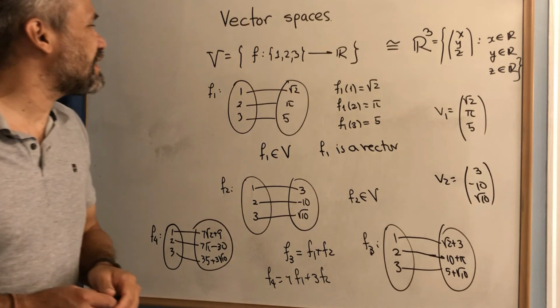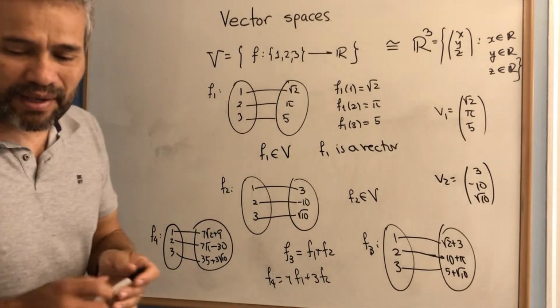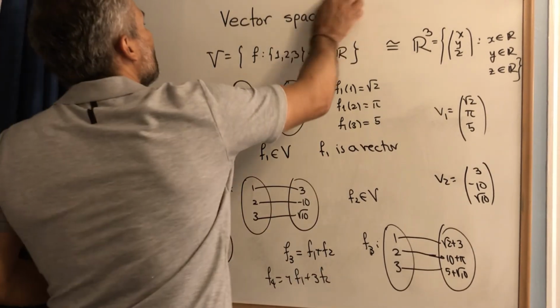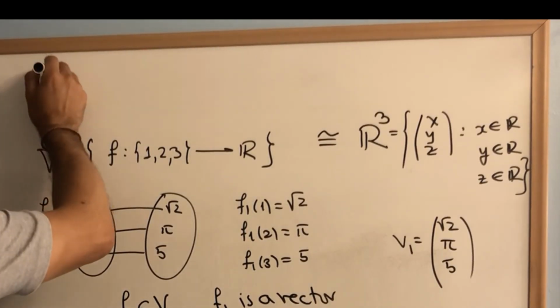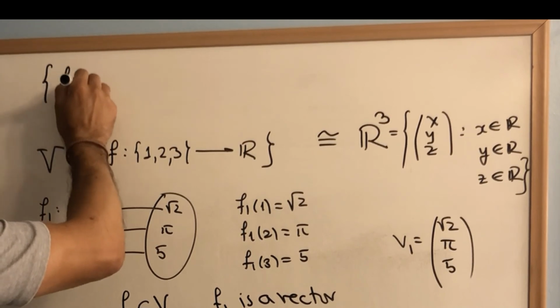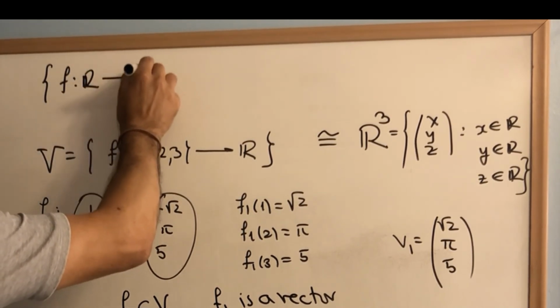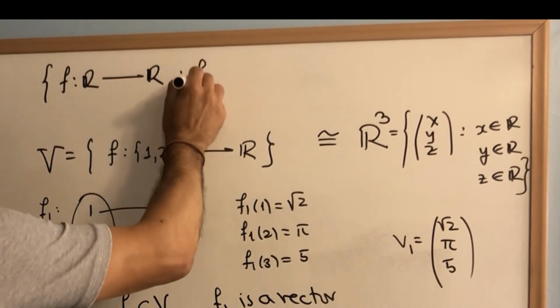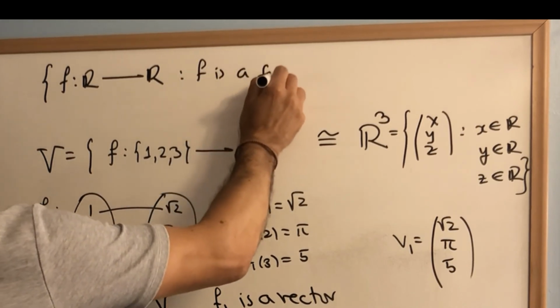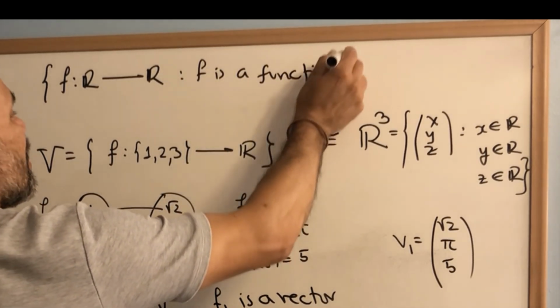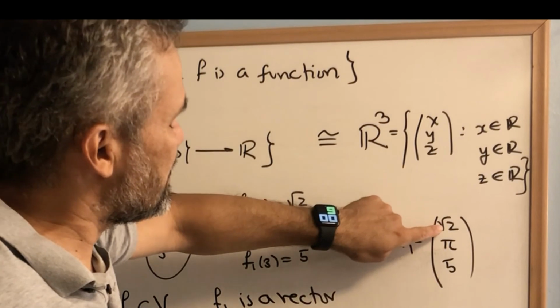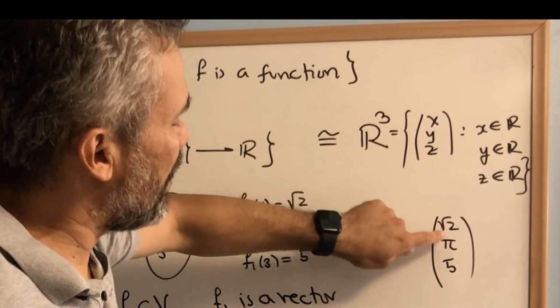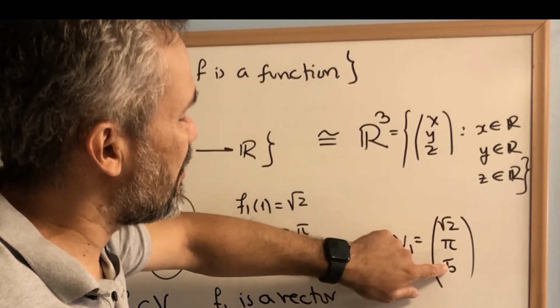And having that in mind, when we did the example of this vector space of functions from R to R, if we are going to think of a function as a vector like this, then this is the entry that goes with 1, the entry that goes with 2, and the entry that goes with 3.